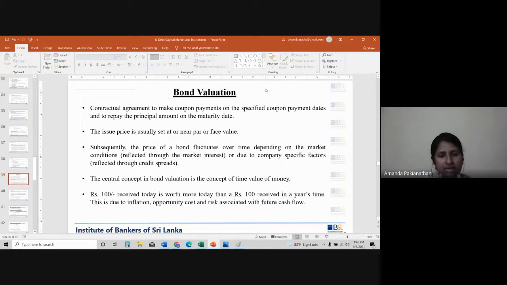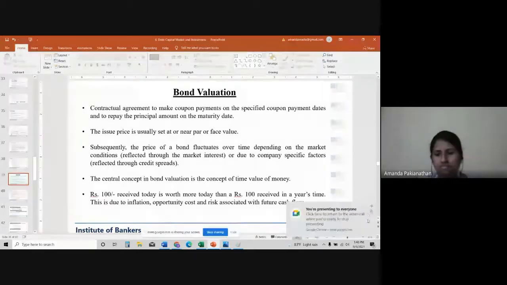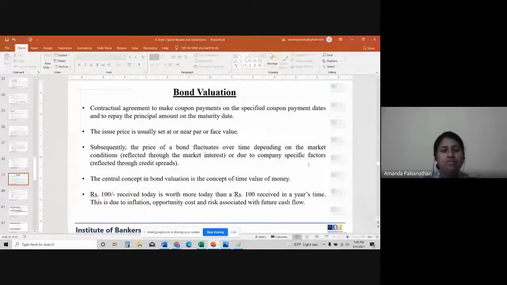But can you simply add all these and get your bond's value? No. So for me to know the real value of the bond, I need to identify the times in which this cash flow is coming in and the cash flow value as well. Both of these have to be known for me to value my bond.